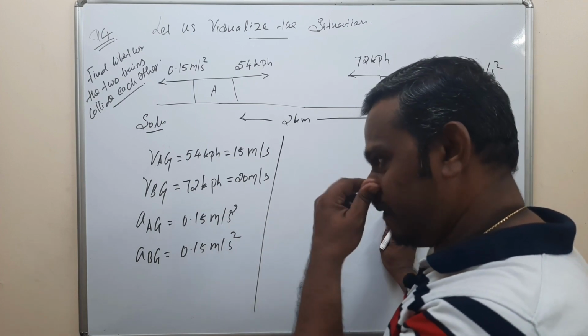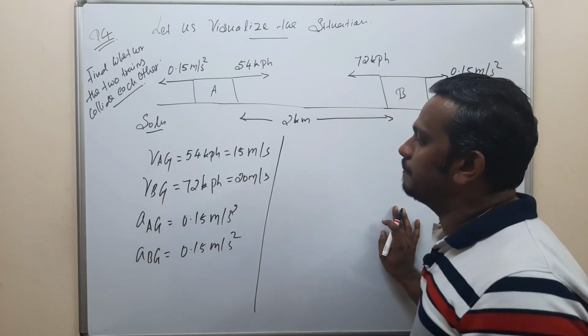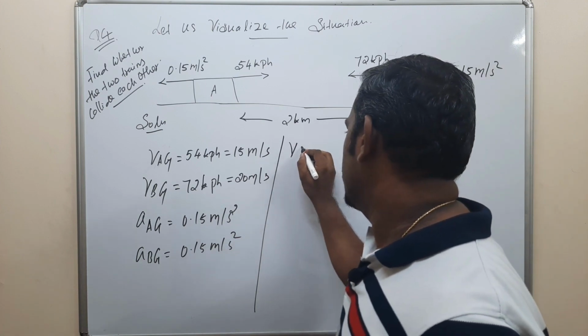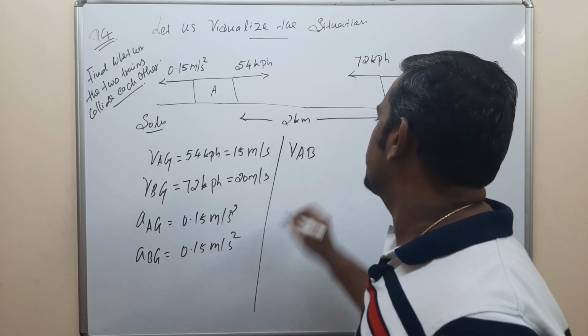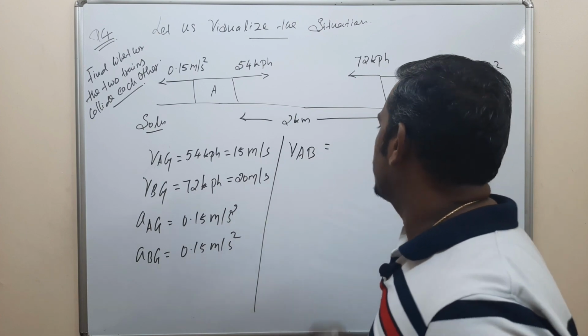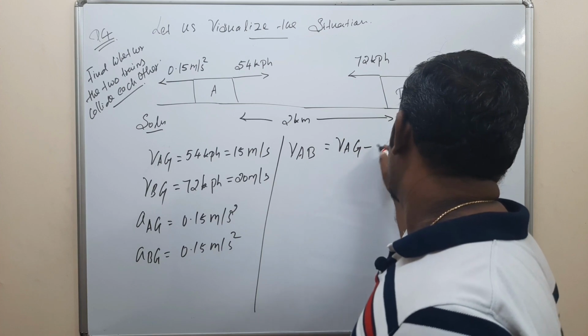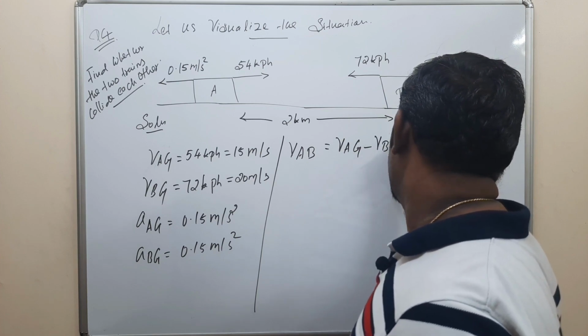So velocity of the train A as seen by B is equal to VAG minus VBG.